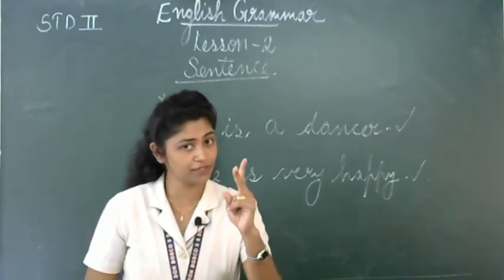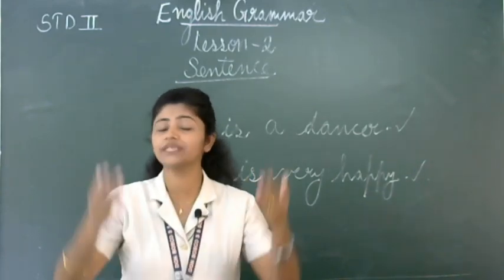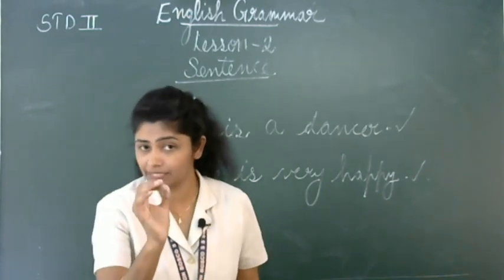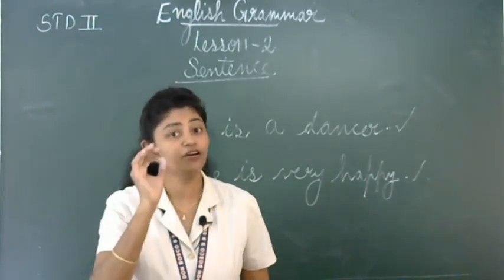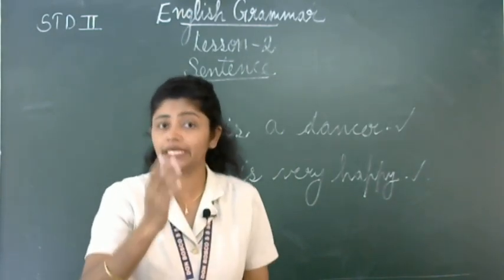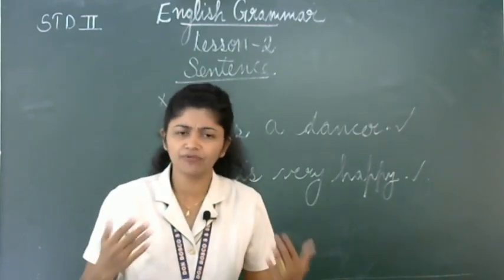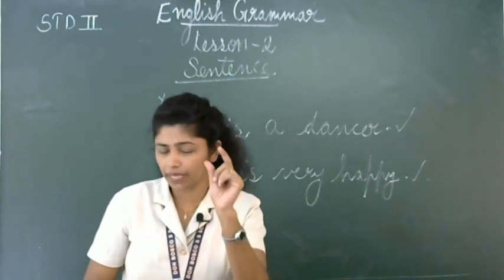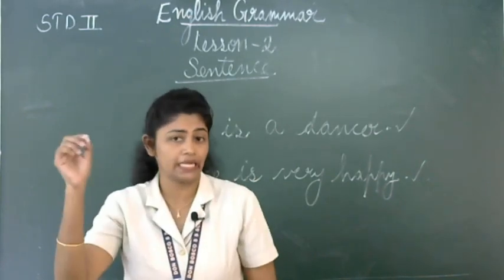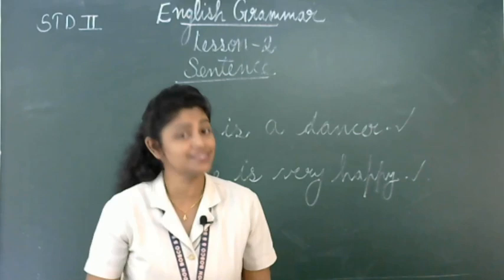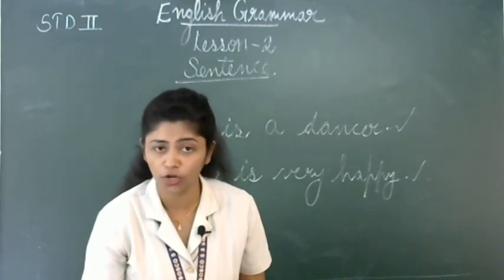And the second point: a sentence always begins with a capital letter and at the end you should put a full stop. Children, not only in English notes you should follow these rules. Whenever you write a sentence, it should always begin with a capital letter and at the end a full stop must be there. It is compulsory. So please do follow that.